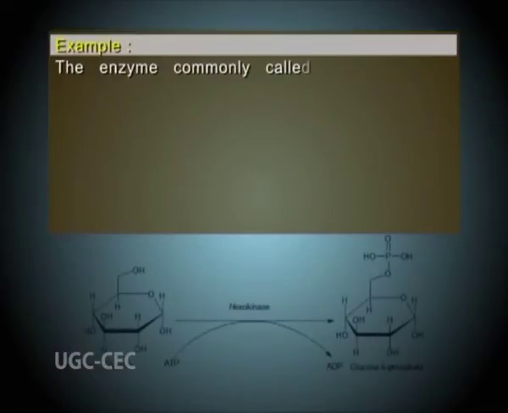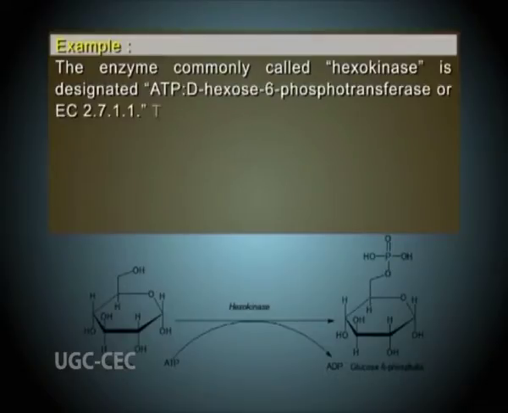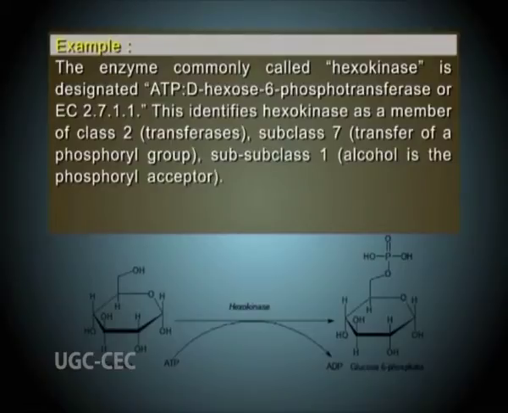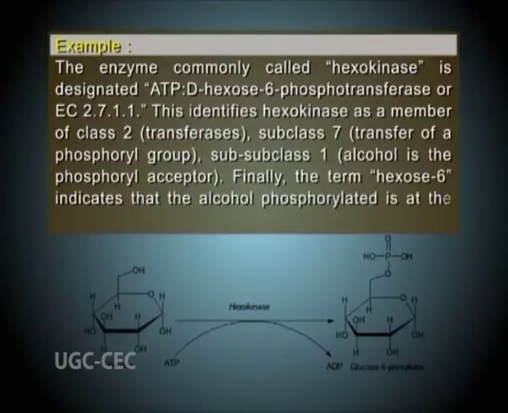For example, the enzyme commonly called hexokinase is designated ATP:D-hexose-6-phosphotransferase, or EC 2.7.1.1. This identifies hexokinase as a member of class 2, transferases. Subclass 7 is the transfer of a phosphoryl group. Subclass 1 means alcohol is the phosphoryl acceptor.